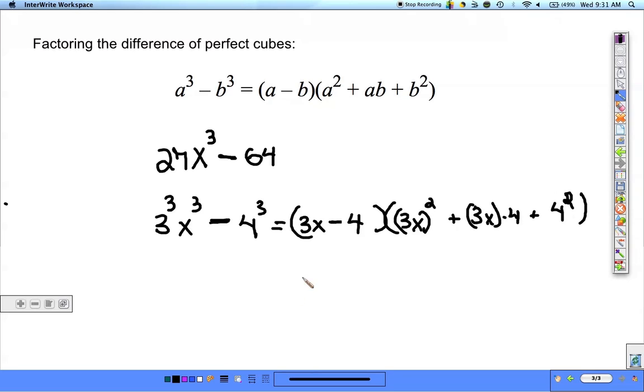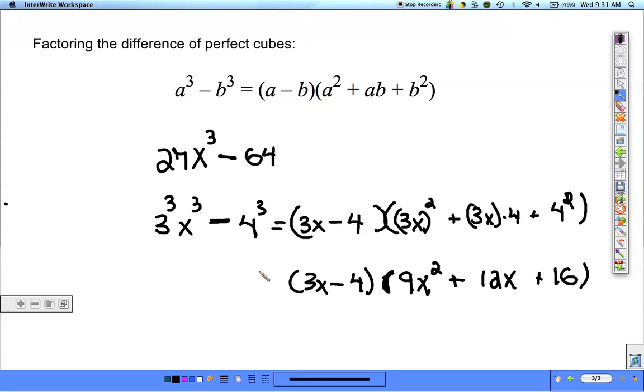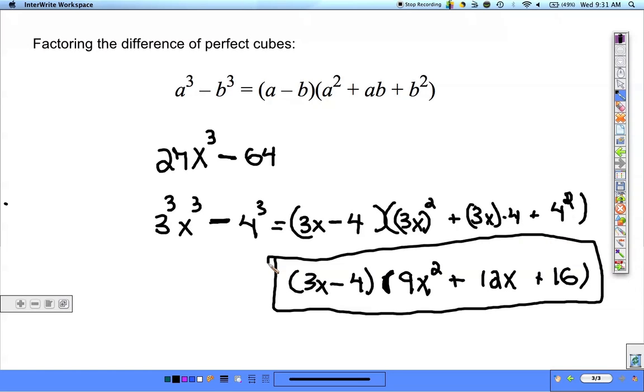So I have 3x minus 4 can just stay 3x minus 4. 3x quantity squared, well, that can be rewritten as 3 squared is 9 and x squared, plus 3x times 4, well 3 times 4 is 12, and I just leave the x, plus 4 squared, that would be 16. So this is how I factor the difference of two perfect cubes.